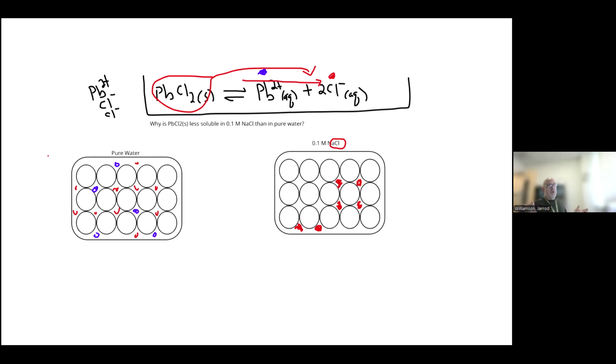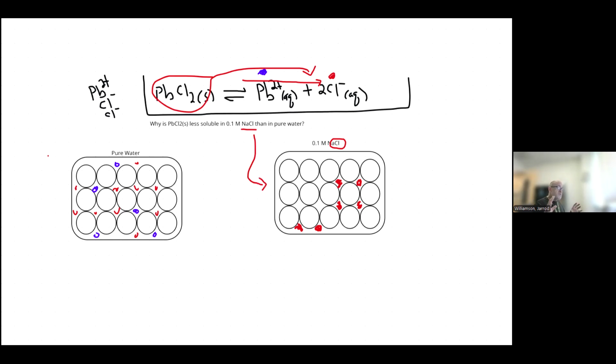Like you show up to a movie theater and many of the seats are already taken, so you have less seating available for the outsiders to come in and sit down. And that's why having a dissolved common ion already in solution reduces the solubility compared to pure water.